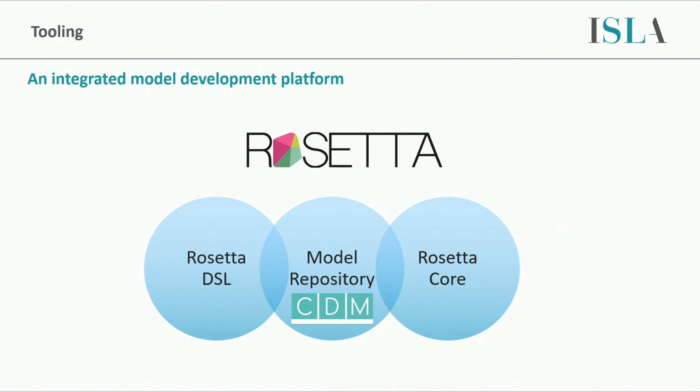These are, firstly, the Rosetta domain-specific language, or the DSL, which is the syntax used to describe the model. Secondly, the model repository, which houses the CDM and is free to access under applicable license terms. And finally, Rosetta Core, which provides the functionality to develop the model and test and deploy implementations of the CDM. The community edition of Rosetta Core is freely available for use by market participants.